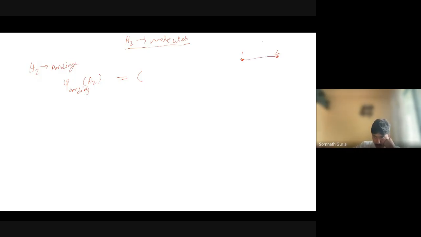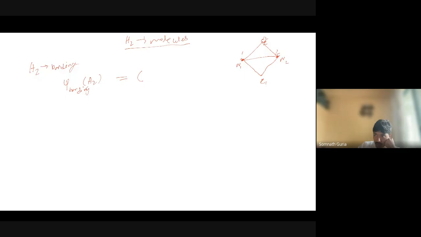We have an electron here and an electron here. We don't know which one is 1 and which one is 2, so let's suppose this one is 1 and this one is 2. So this is electron 1, this is electron 2, and this is nucleus 1, nucleus 2.